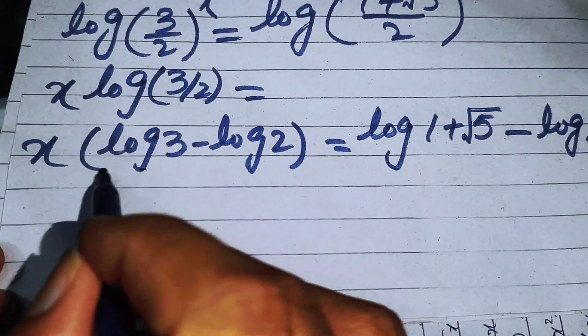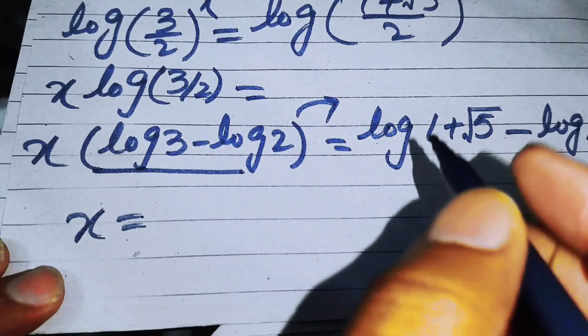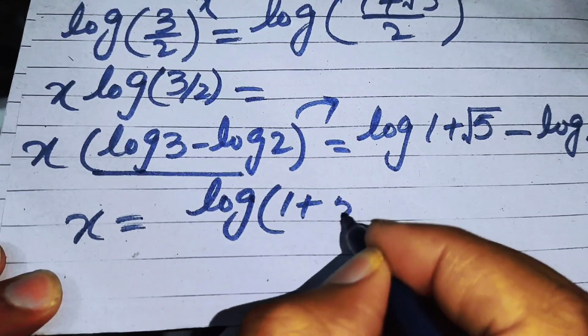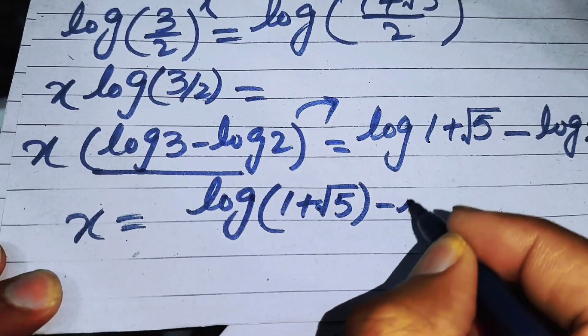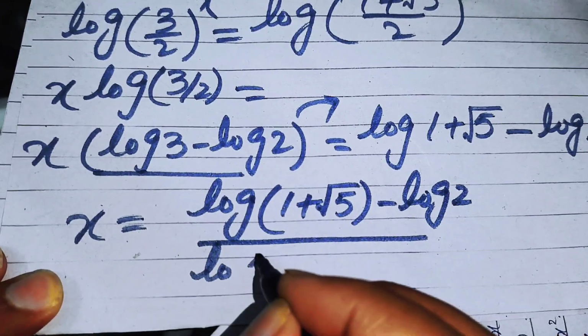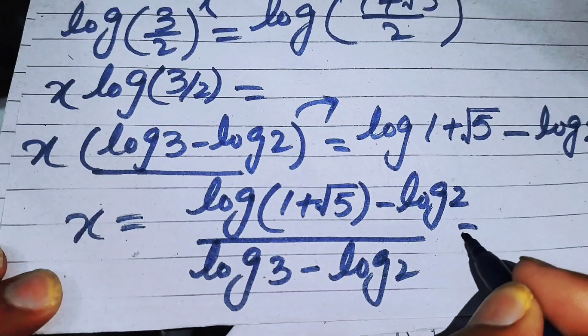And now we move this term to the right hand side, and we get x is equal to log of 1 plus square root of 5 minus log 2 over log of 3 minus log of 2.